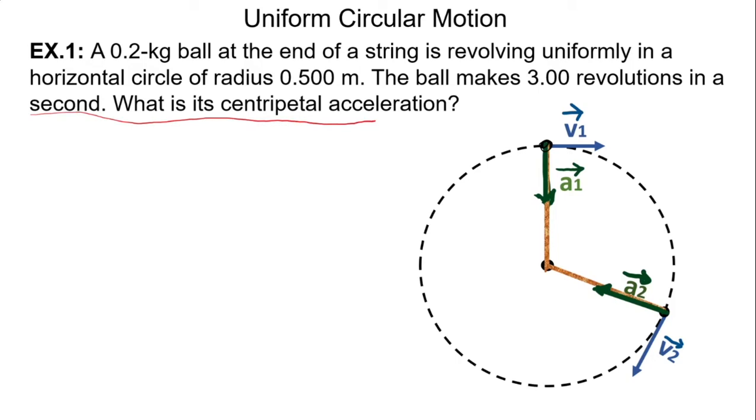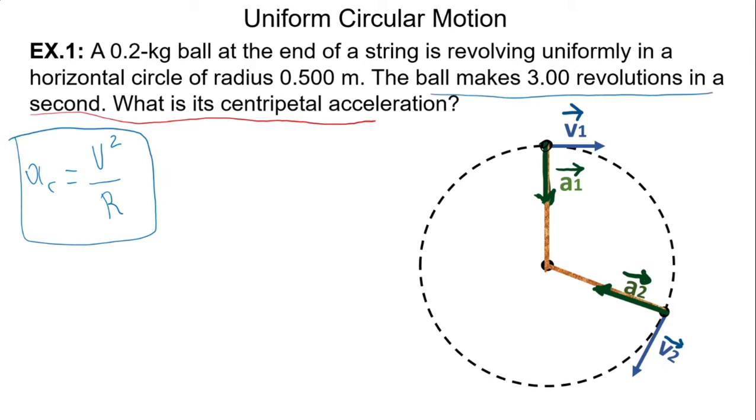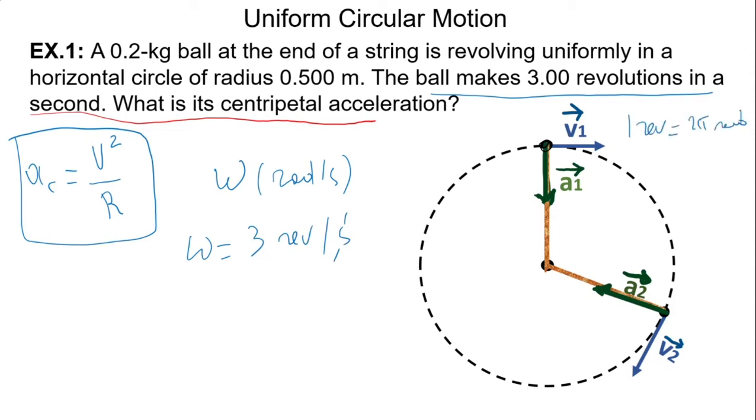Now, we know by definition the centripetal acceleration is given by the square of the speed over the radius. And also the angular velocity should be in radians per second. In this case, we have the angular velocity in revolutions, 3 revolutions per second. Remember, in 1 revolution, we have 2 pi radians.